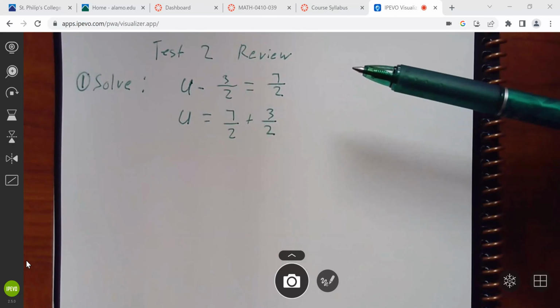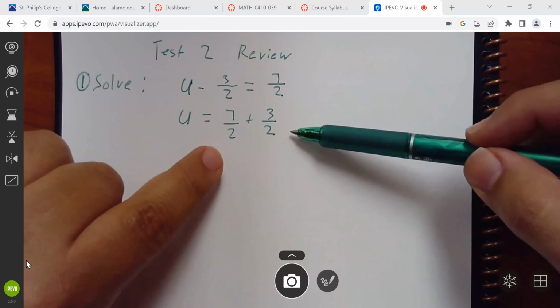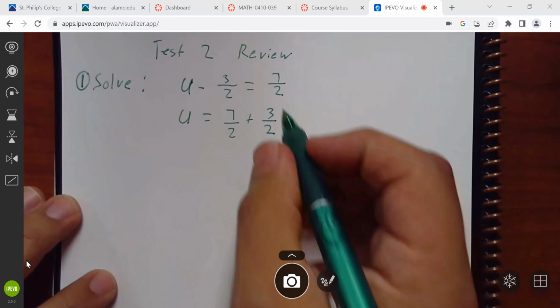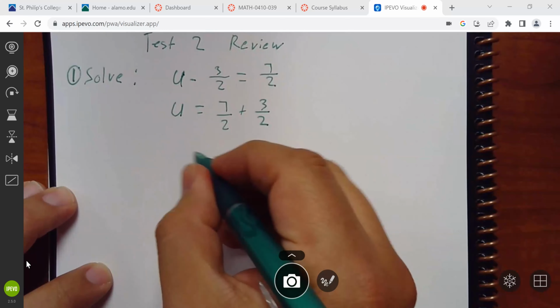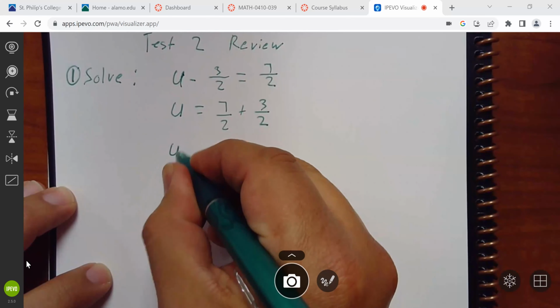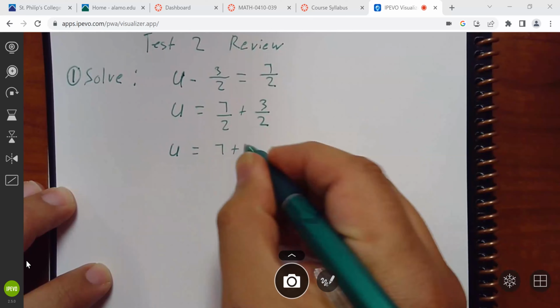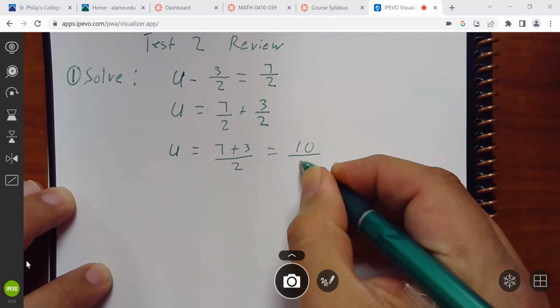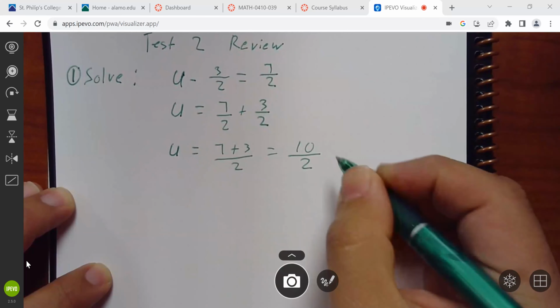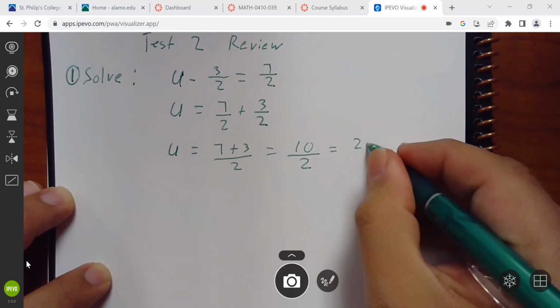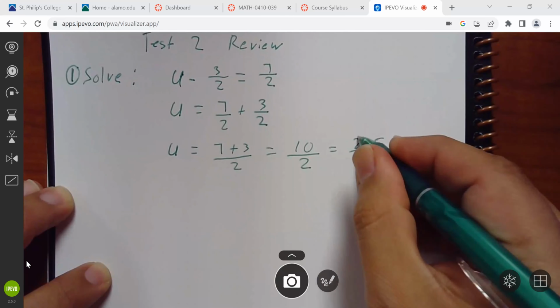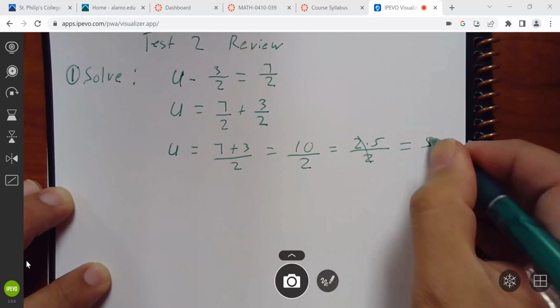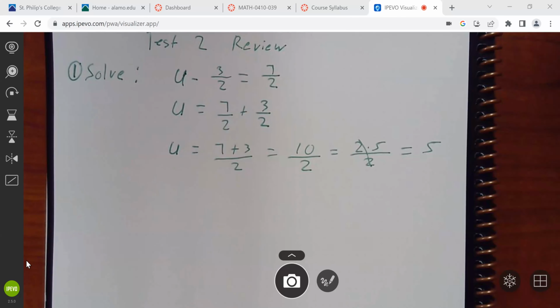Since they are the same, we don't have to worry about LCD because they already have a common denominator. So how do you add them? Then you just add the tops. Does this reduce? Yeah, because there's a common factor. 10 divided by 2 is 5, same thing. Any questions on the first one?